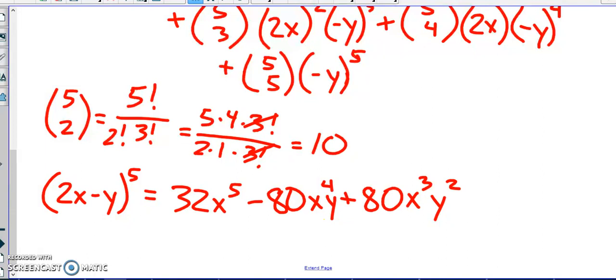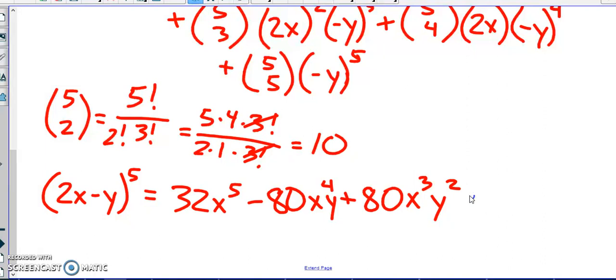So then we have to come up with the second to last term, which would be 5 choose 4, which is 5, times 2x times negative y to the fourth. I'm in the wrong spot. I got interrupted. What can I say?